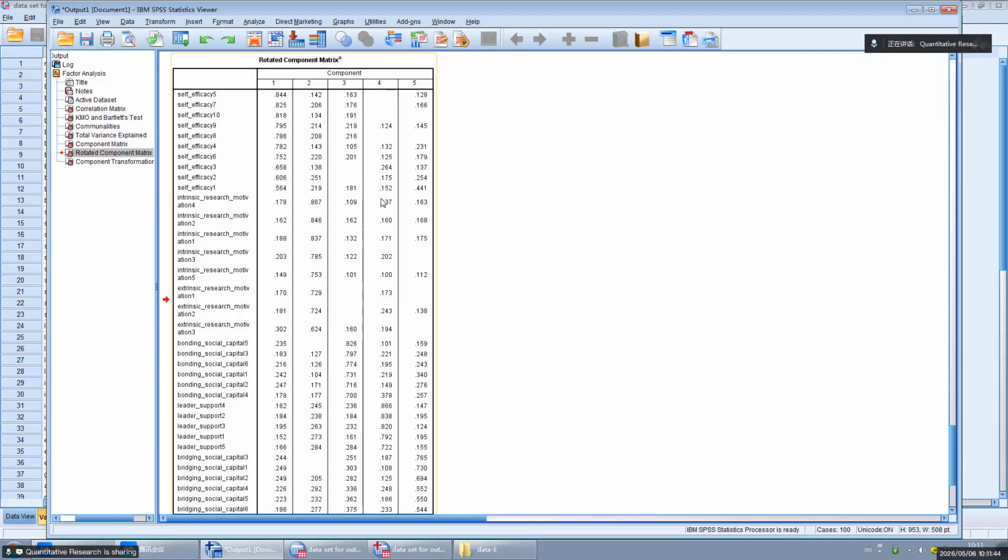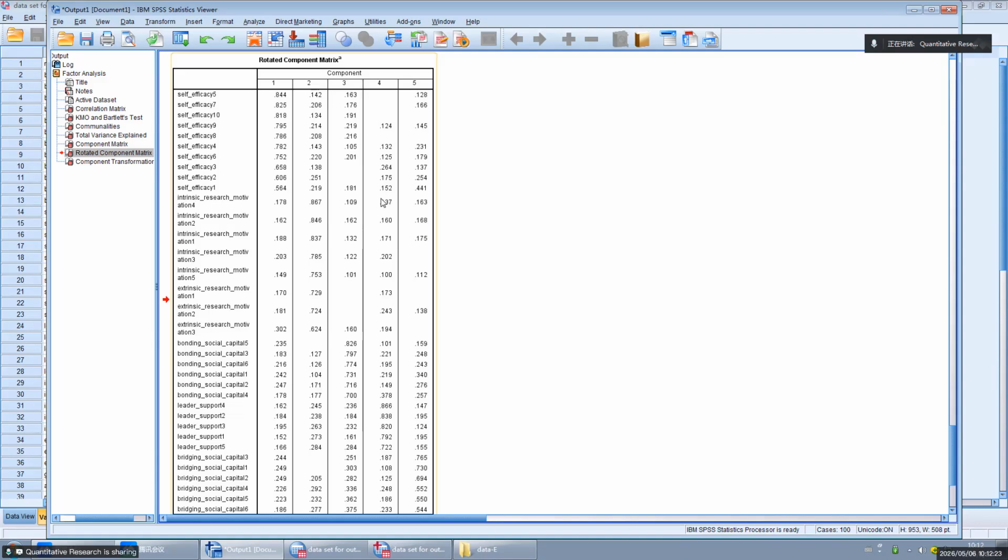Is that clear? You can see all the items of self-efficacy, the 10 items, go to the first factor. The items of intrinsic motivation and the items of extrinsic motivation go to the second factor, so they are not separate from each other.